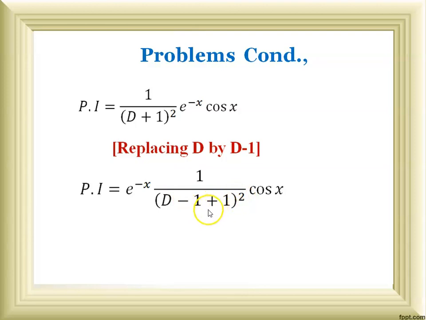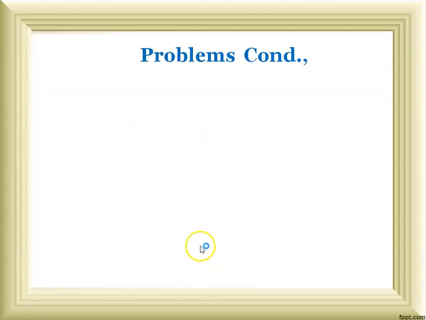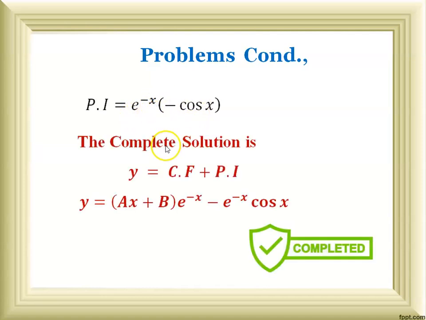Finally, I am having only 1 by d square of cos x. So next, I am replacing d square by minus 1 square because in the remaining I am having only cos x. Cos x means I need to replace d square by minus a square, a is equal to 1. That's why I am replacing d square by minus 1 square. So it will give 1 by minus 1 square is minus 1. So therefore, e power minus x into minus cos x. The whole answer is minus of e power minus x into cos x altogether.